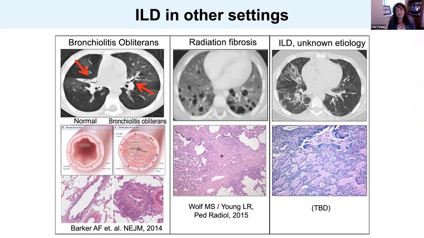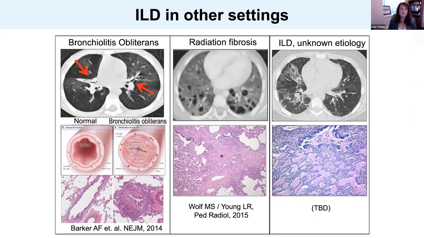There are too many other things for me to go through all of them, but I will mention that bronchiolitis obliterans is something that those of us in ILD include within our umbrella, although it's a small airway disease. I want to show this CT just as a reminder that just because you have ground glass opacities or mosaicism, if there's bronchiectasis, you have to really worry about bronchiolitis obliterans.